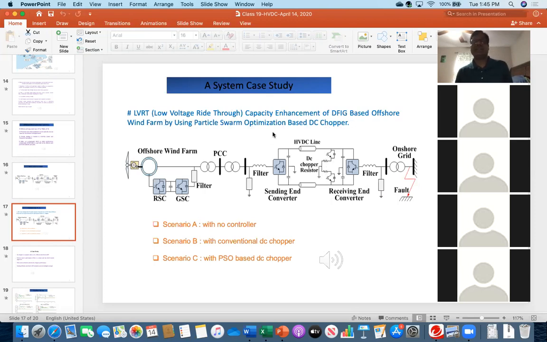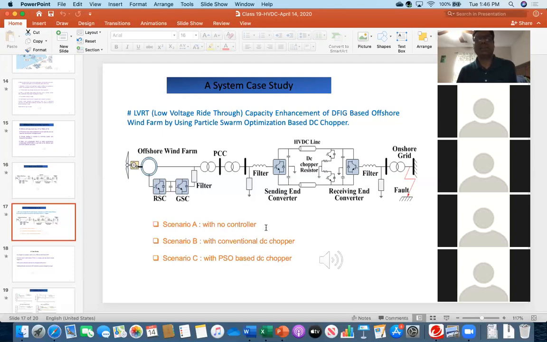So in this case study, there are three scenarios. First situation, when there is no controller. Second scenario is with a conventional DC chopper. Third scenario is with a particle swarm optimization based DC chopper. So we'll make a comparative study among these three cases.